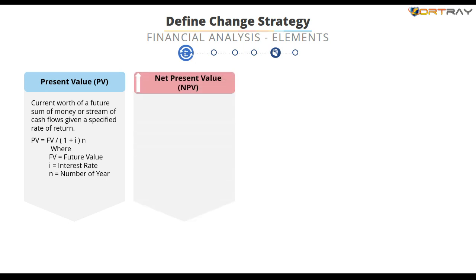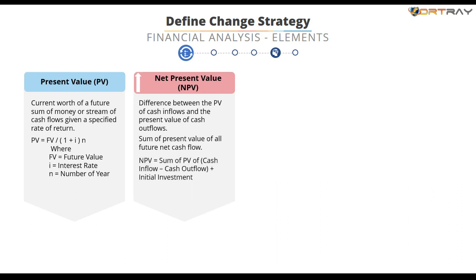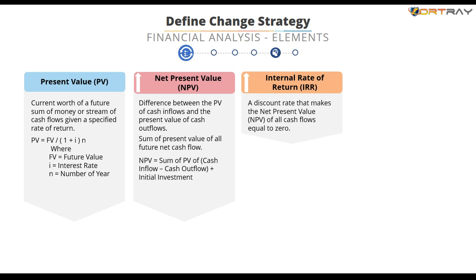Net present value, or NPV, is the difference between the present value of cash inflows and the present value of cash outflows. NPV is the sum of present value of all future net cash flow. Net present value is equal to the sum of present value of cash inflow minus the cash outflow, plus the initial investment. Internal rate of return is a discount rate that makes the net present value, or NPV, of all cash flows equal to 0.